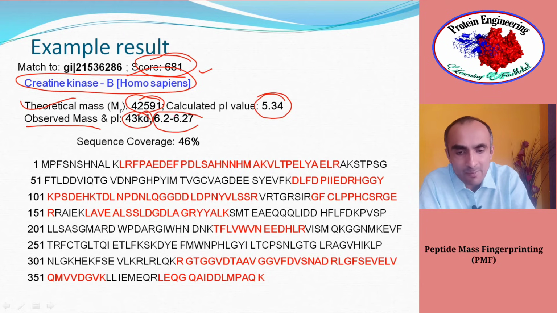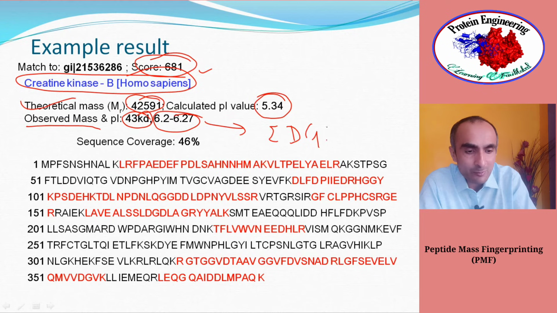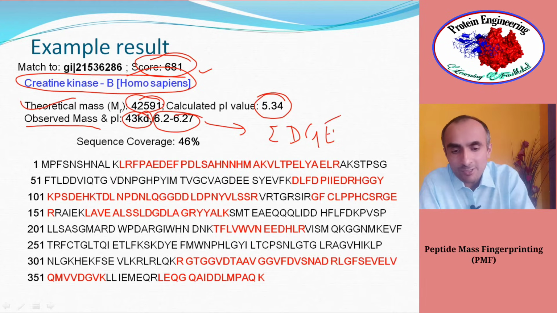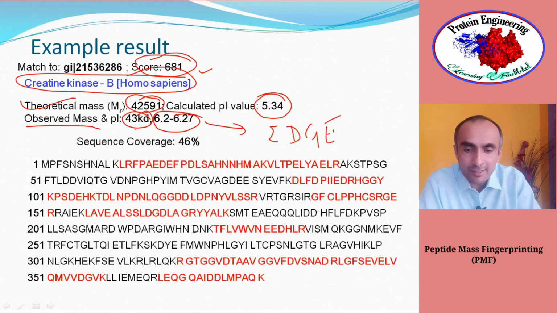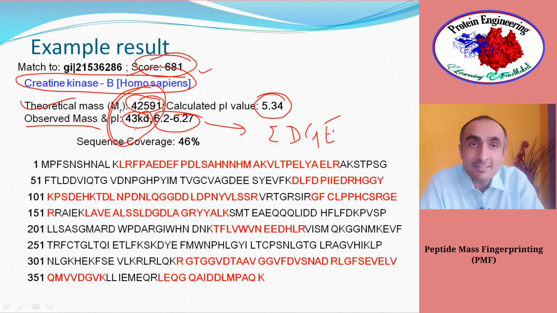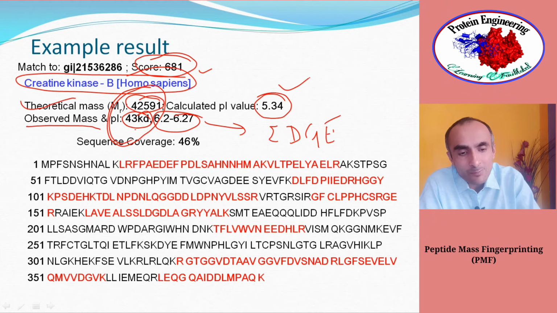This pI and mass is coming from 2DGE. We remember from the earlier lecture, in two-dimensional gel electrophoresis, you can find out mass and pI. So you see the observed mass, observed pI, theoretical mass and theoretical pI. If you look at their similarity, you find that only the mass is very similar. The theoretical mass and observed mass are very similar, whereas the theoretical pI 5.34 and observed pI 6.2 to 6.27 are drastically different.